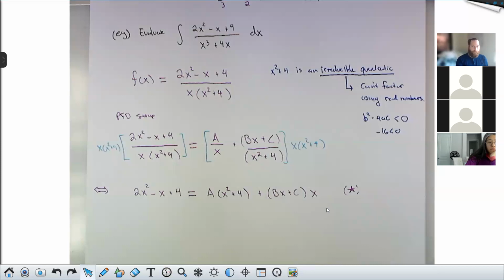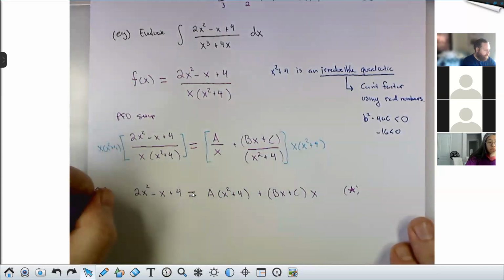Yeah, very good, 0. If I plug in 0 for x, then in this side, since I have an x times this whole thing, all of it will go away. And I'll just be left with a's and numbers.